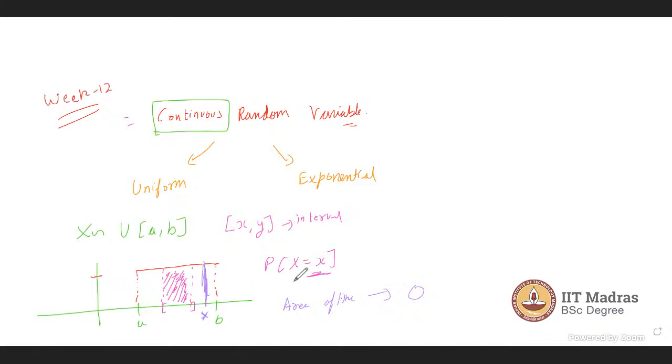That's why whenever someone asks the exact value of probability at a fixed point, it is always 0. So whenever we come to continuous random variables, we talk about chances of lying in some region. So the PDF for a uniform random variable is 1 over b minus a if x belongs to interval a comma b, and 0 otherwise.